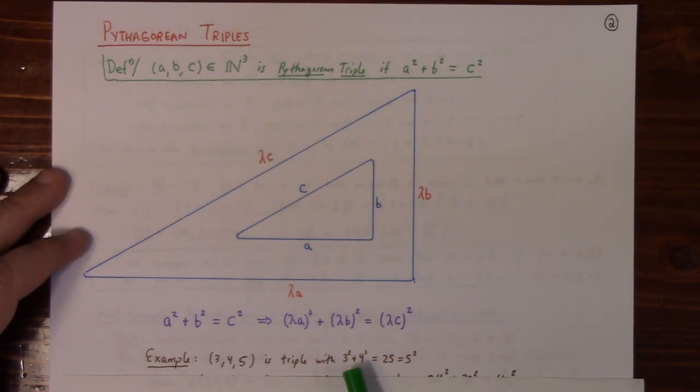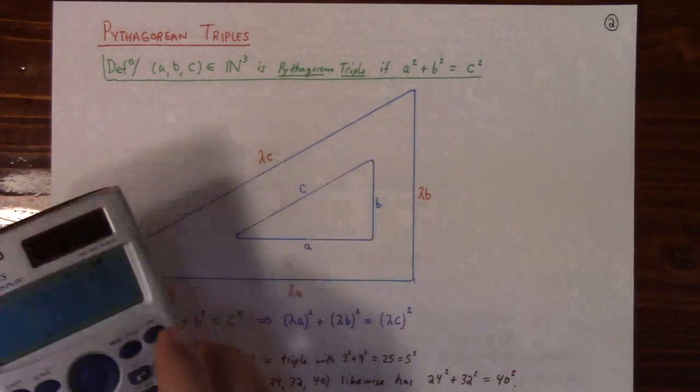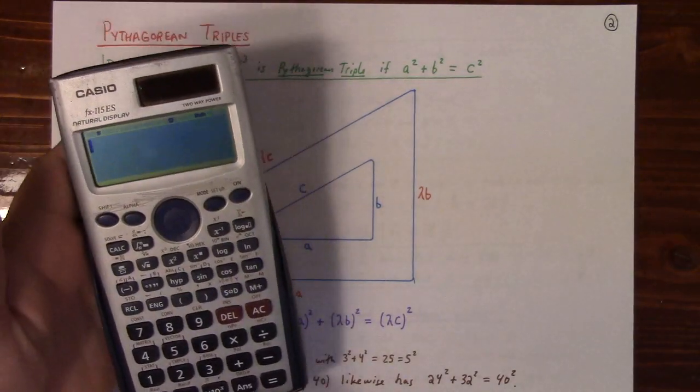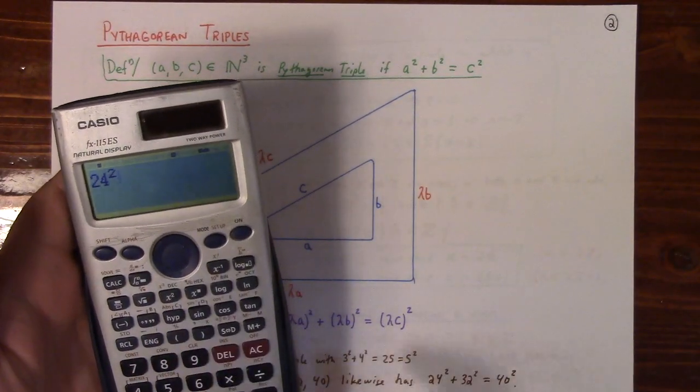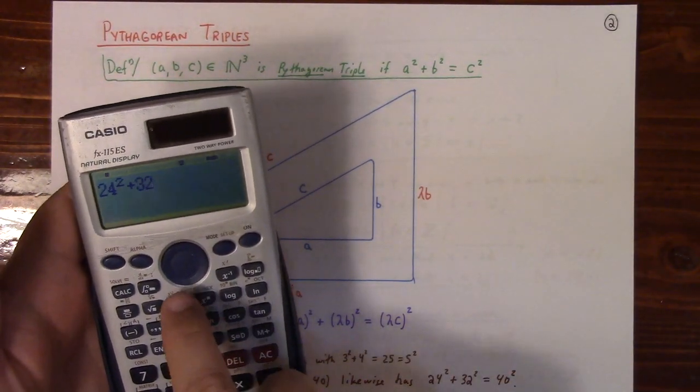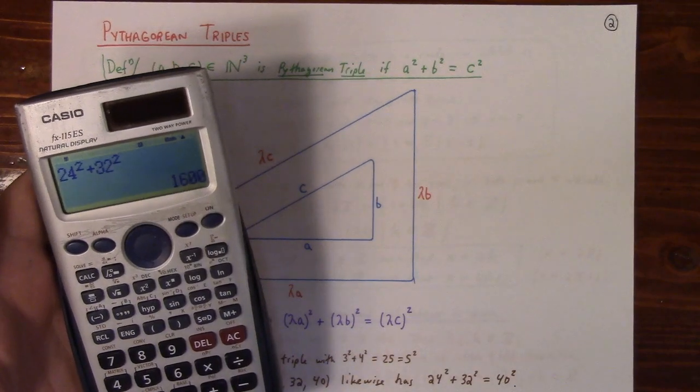It's easy enough to check: 9 plus 16 is 25, which is 5 squared, right? What is less obvious is that if you multiply by 8, 8 times 3, 4, 5, namely 24, 32, 40, it still works. If you don't believe me, let's check my handy dandy calculator here. 24 squared plus 32 squared equals 1600.